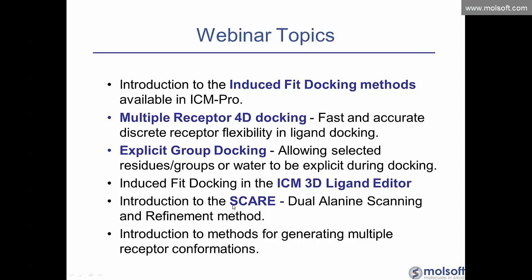It's called SCARE, a dual alanine scanning and refining method. And then we'll talk a little bit at the end about how to generate multiple receptor conformations if you're not in the position whereby you have crystal structures that represent the flexibility. There are some ways in ICM that you can use to model the flexibility.